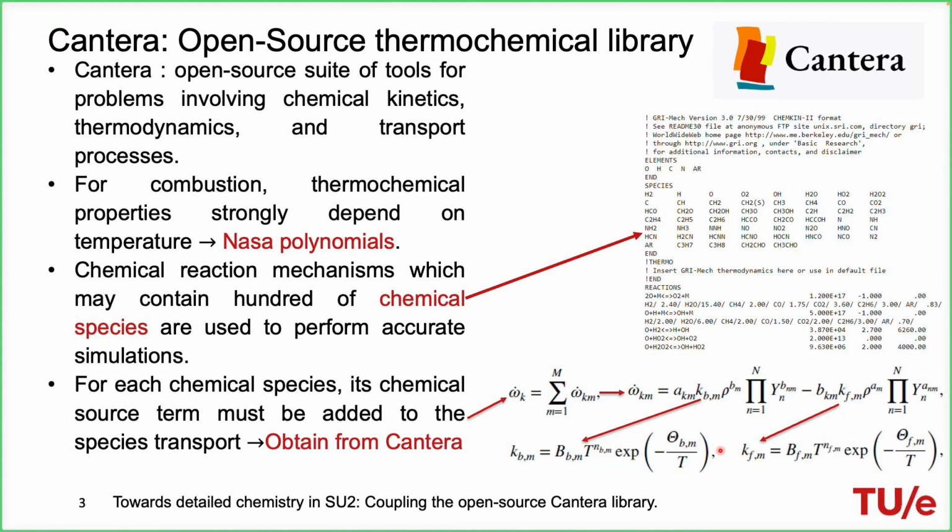So if we would like to do detailed chemistry, we should program all these terms in SU2 and also try to get the information from this chemical reaction mechanism, which has a specific format. So instead of doing that, we can use Cantera, and in Cantera, all this implementation is already there, so we can immediately get the source term from Cantera and add this source term to the species transport equations.